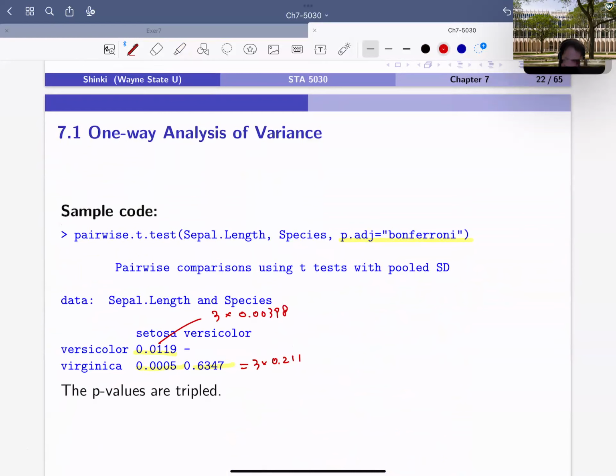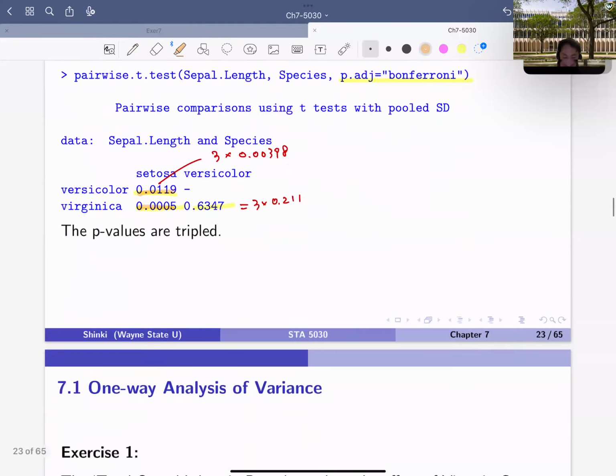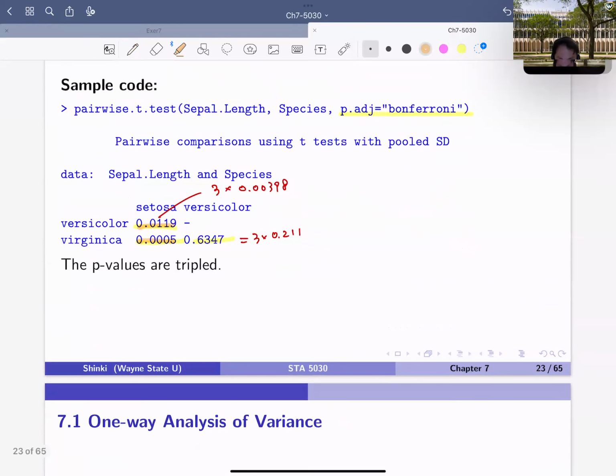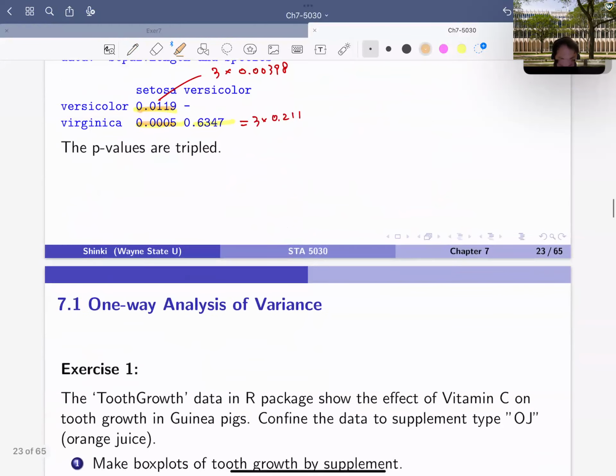You can still claim that these two are significant at the 5% level. So we can say that Setosa has significantly different sepal lengths compared to Versicolor. The p-values are tripled, so you can just multiply by 3, but everything is included in the code.